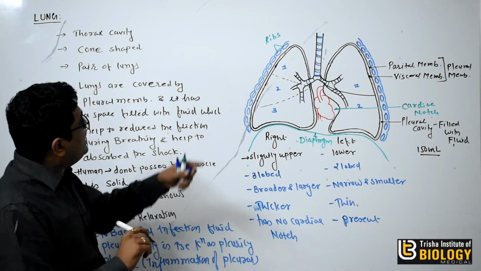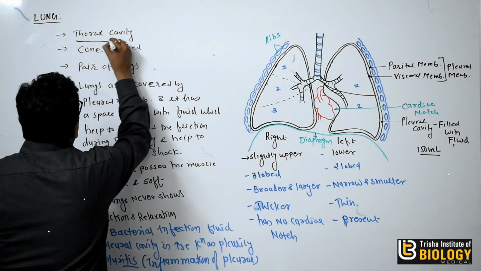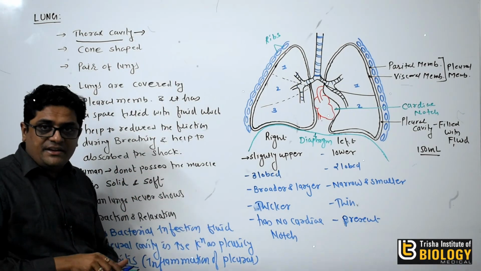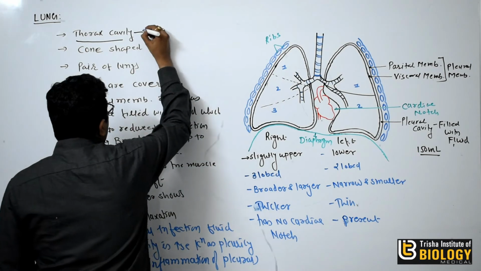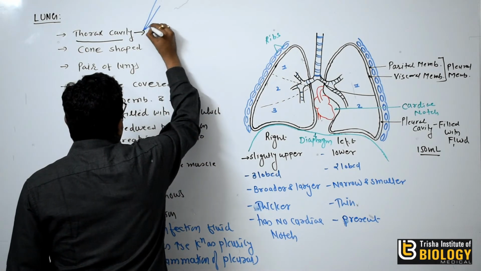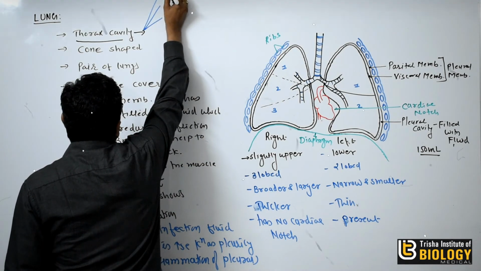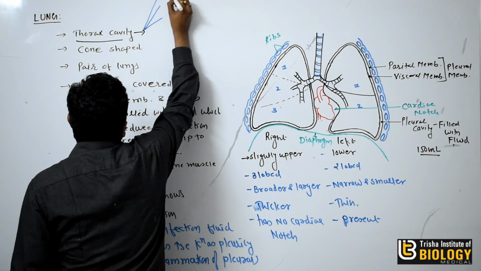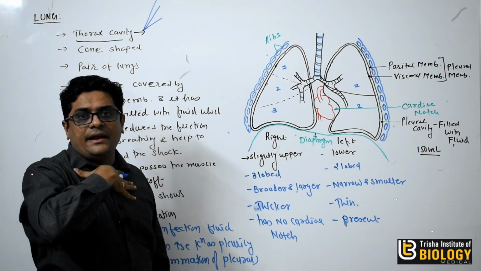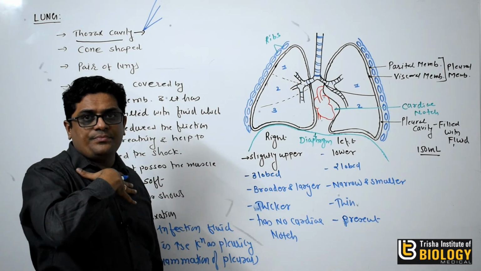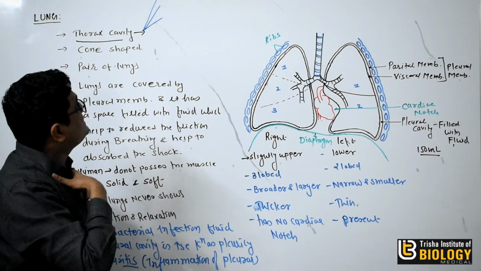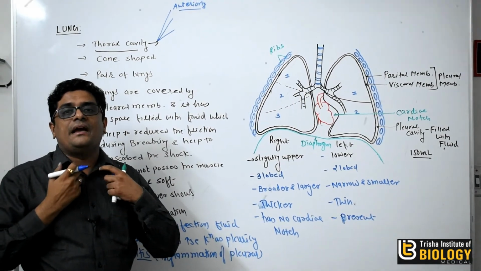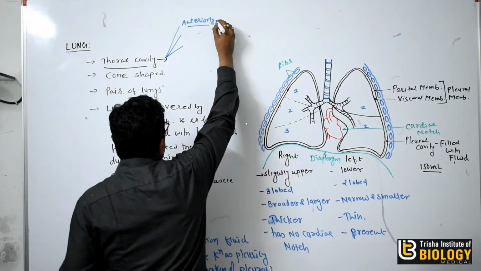Okay, as we discussed, the lungs are present in the thorax cavity. So, which parts of our body form the thorax cavity? The thorax cavity is formed by various parts. Anteriorly, meaning the upper side, this cavity is made up of the neck and the clavicle bone.